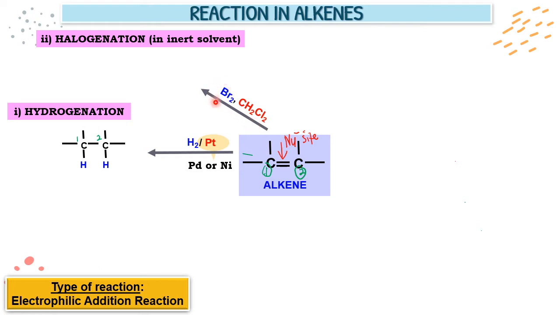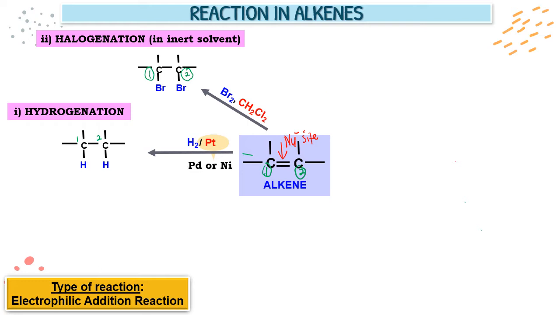So we are adding our halogen to the carbon-carbon double bond. At carbon 1 and also carbon 2, each will receive 1 bromine. So this will be the product of your halogenation. At carbon number 1, it received 1 bromine, and carbon number 2 also received another bromine.